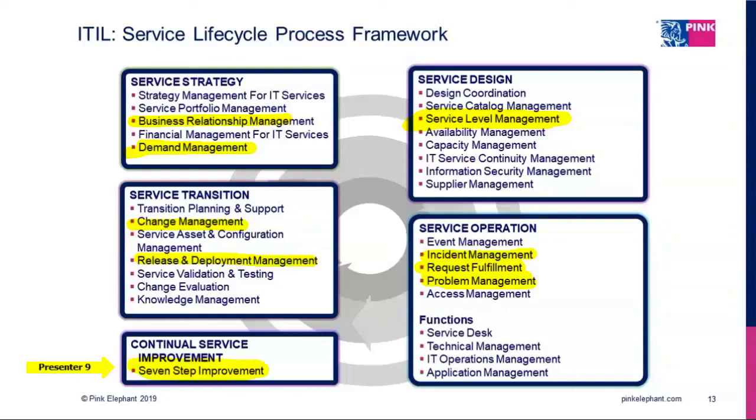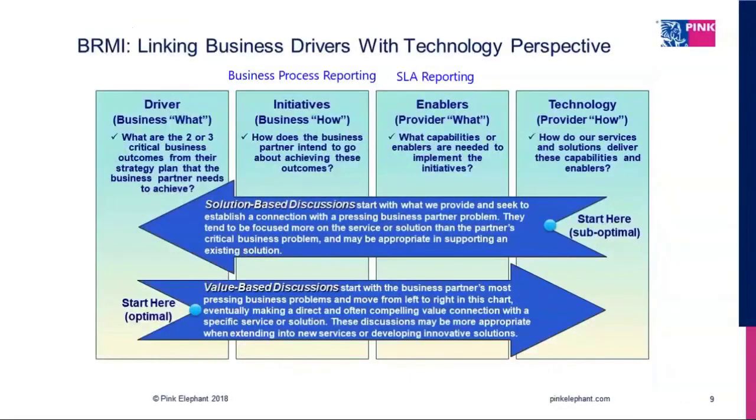So I would suggest we could take all of these process elements as well as the structural frameworks we talked about and the high-level BRMI framework, and this now allows me to come up with a service catalog where I can say, here's all the different things I can do around services, and going back to our other diagram around business process and business outcomes.